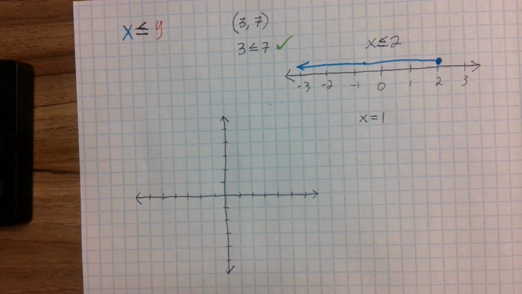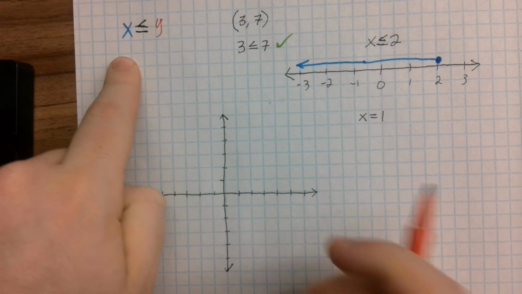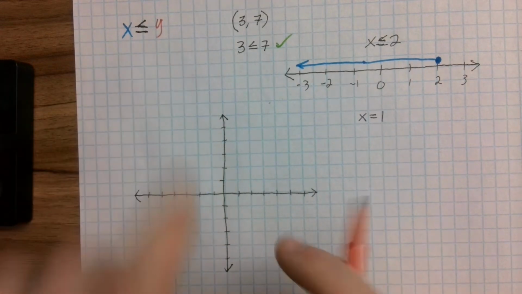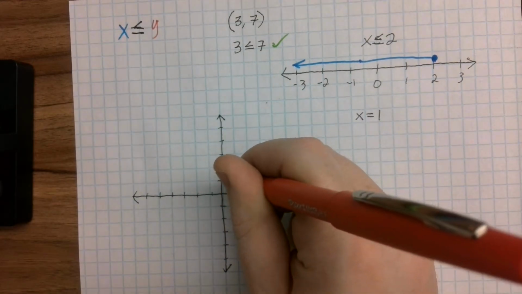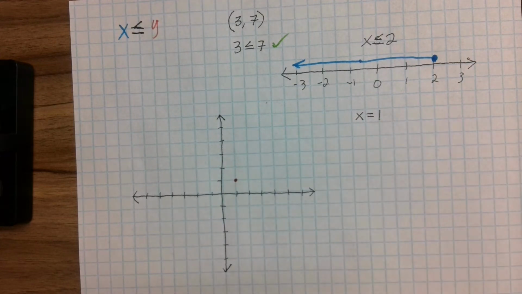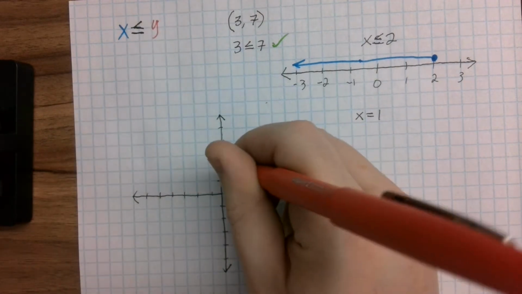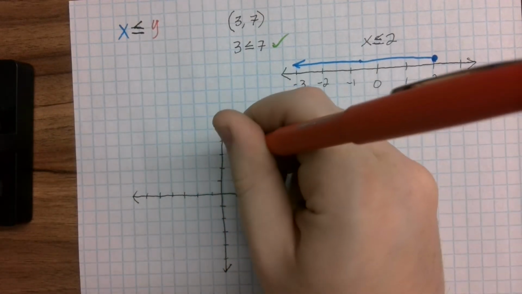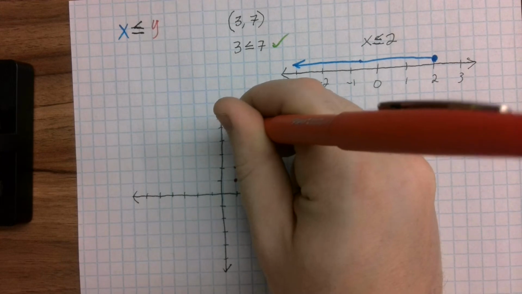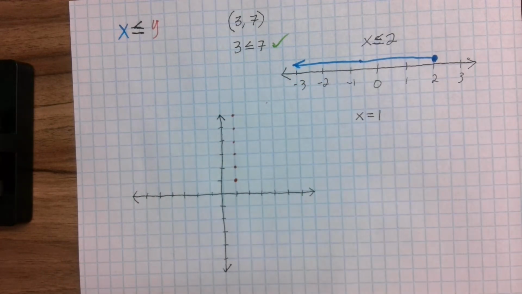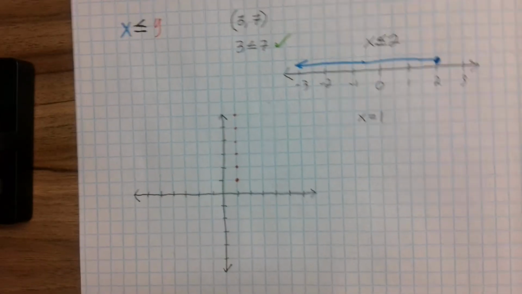Well, if x is 1, y could also be 1, right? Because 1 is equal to 1. So 1, 1 is a solution. y equals 2 would be bigger than 1. 1 is less than or equal to 2. So we put a dot there. And 3, and 4, and 5, and 6, and so on and so forth.